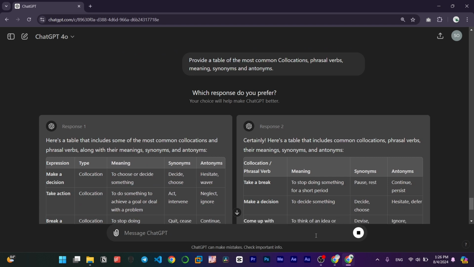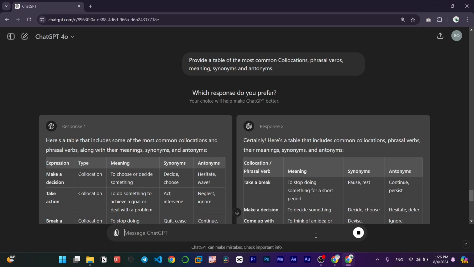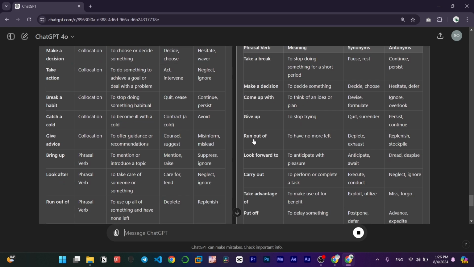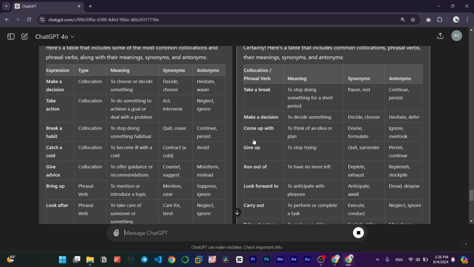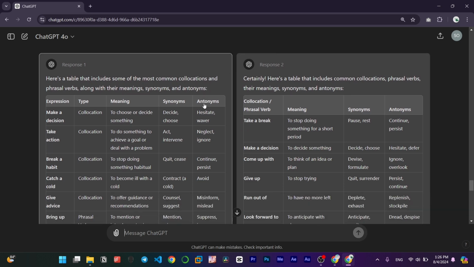So let me see this. Guys, this is a premium account, so maybe you have some limitations in a free account, so please consider this point. As you see, it generates two responses, and you can choose one of them. You can just change it to whichever one you prefer.